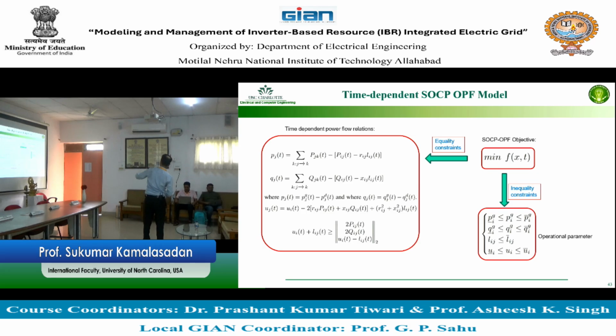So in here you will see, what is one very common inequality constraint? What is one thing that you should make sure you maintain on an electric grid? Why is it an inequality constraint?